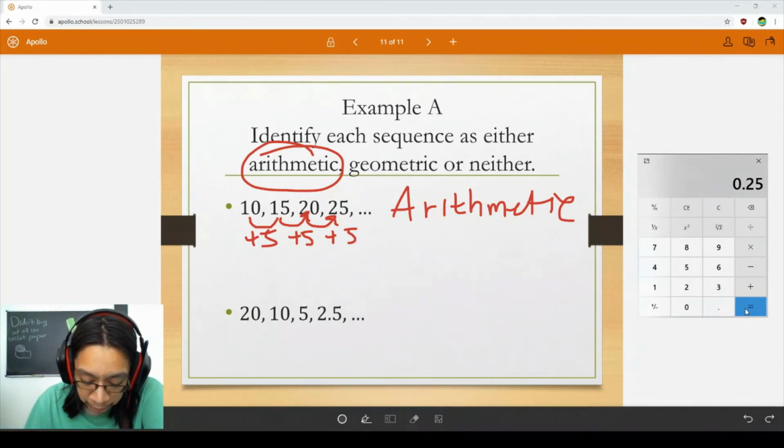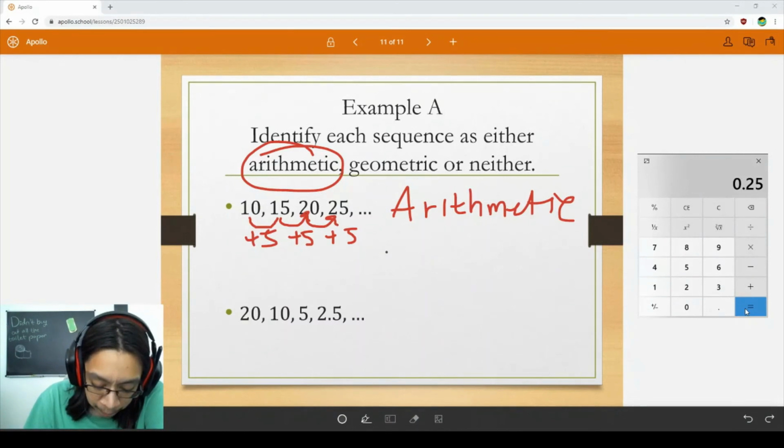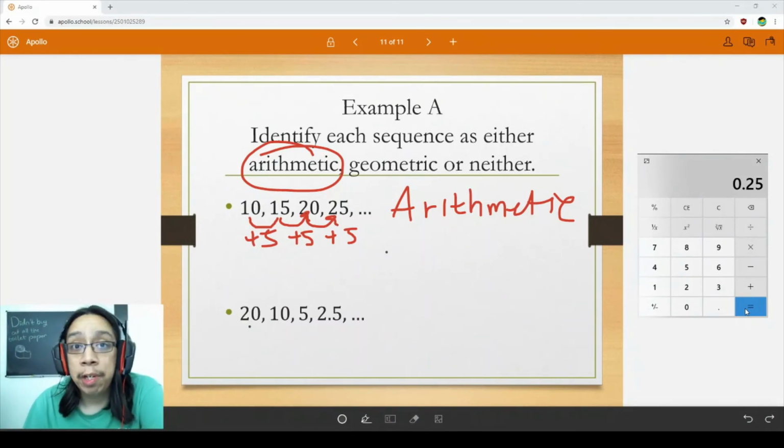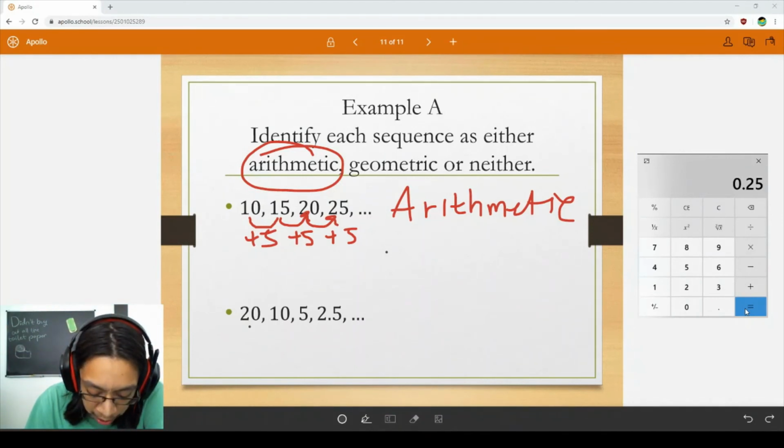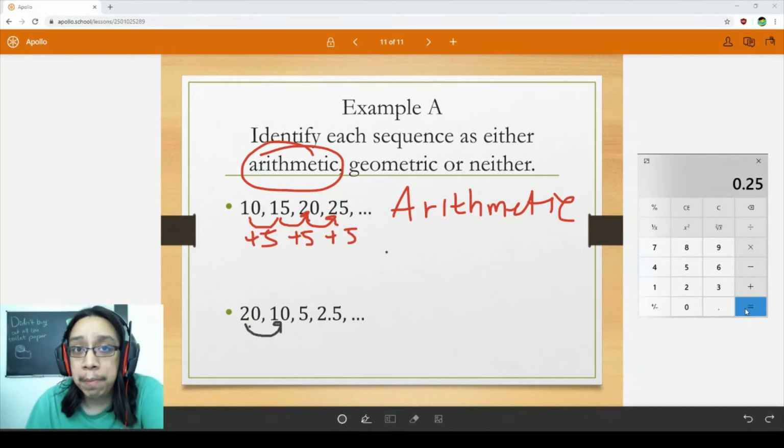Look at the next list. 20, 10, 5, 2.5. Let's check to see if it's arithmetic first, and then we'll check to see if it's geometric. Remember, only check if it's geometric if your arithmetic test fails. Okay, so it looks like my numbers are going down, so that probably means subtraction. So I'm going to check to see if I'm subtracting by the same number each time.